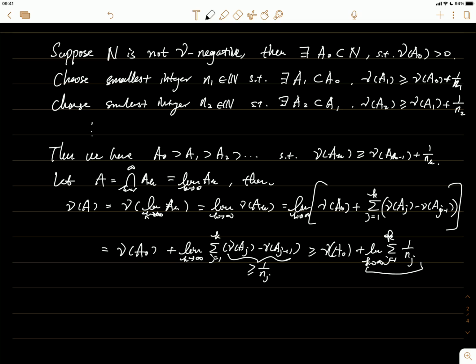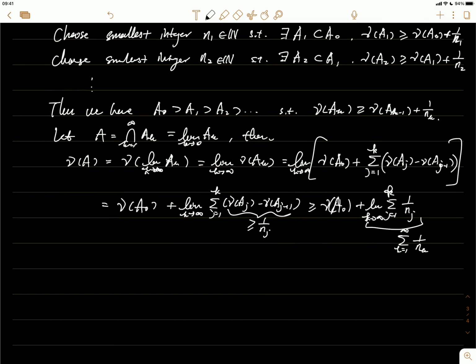But this one here is just the infinite sum. I changed it to k. It's from 1 to infinity. Okay, so that means, I write it down, it's just the nu of A0 plus the sum of 1 over nk from 1 to infinity.